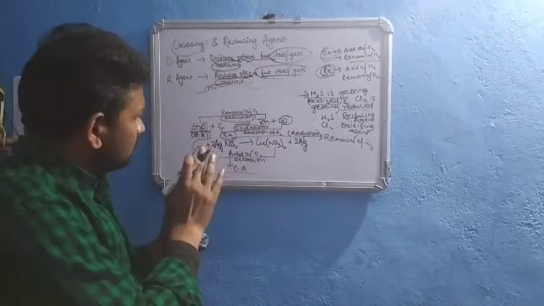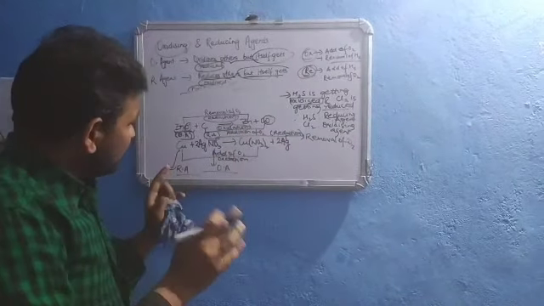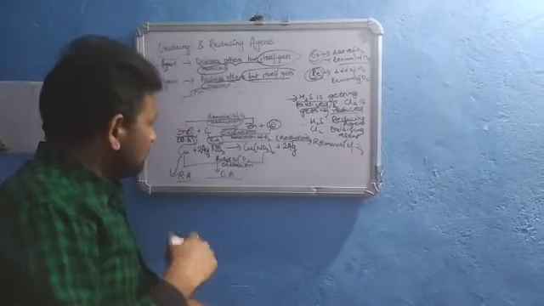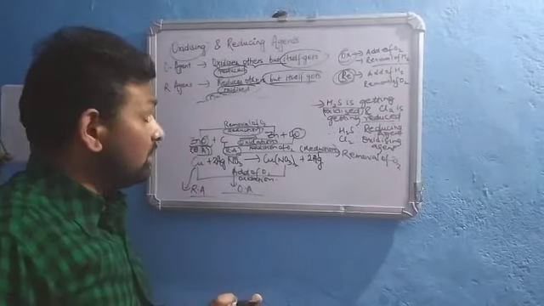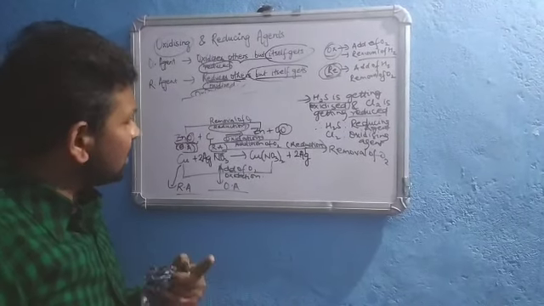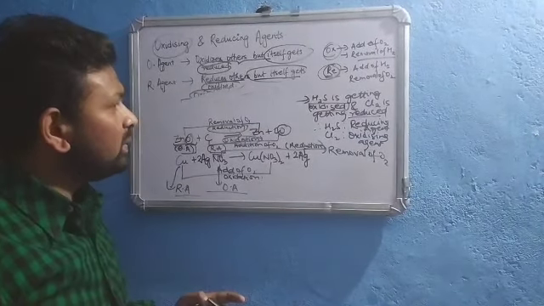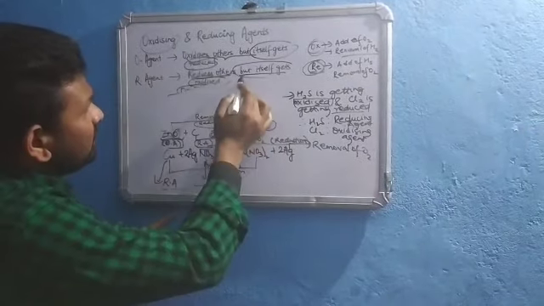The agent which is exactly getting oxidized will be a reducing agent, and the agent which is getting reduced will be your oxidizing agent. Okay, it's very simple actually.